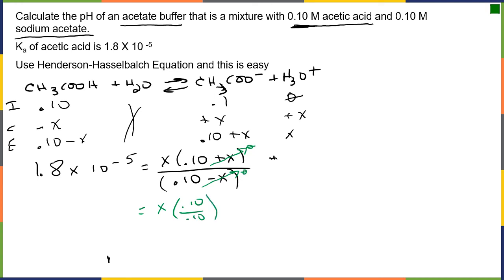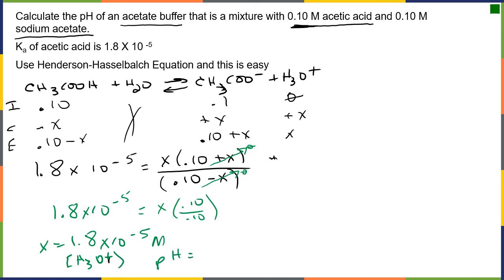Notice that these concentrations are equal molar. Those are going to cancel out. And the concentration of the hydronium is going to be 1.8 times 10 to the minus 5 molar. And our pH is going to equal 4.74.